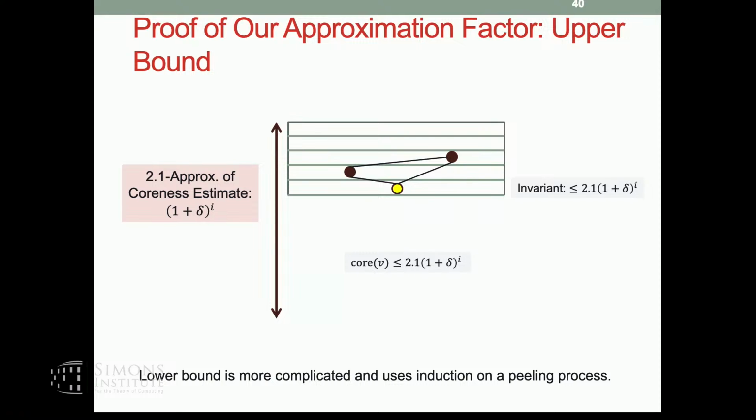Then we do this peeling process, and it turns out that before we get to the yellow vertex, the whole graph is gone, and this leads to a contradiction. I'm not going to go over the technical details for that, but I'm happy to chat offline or also refer you to the paper.